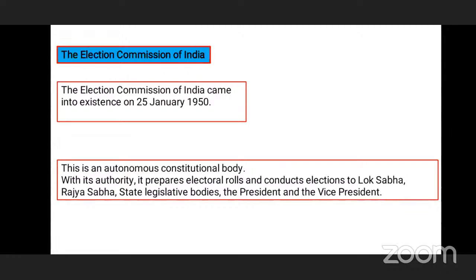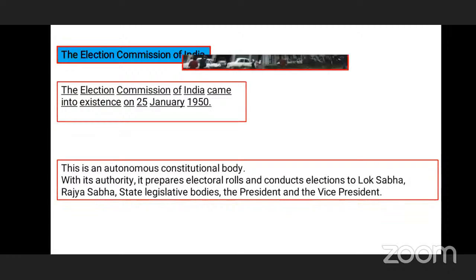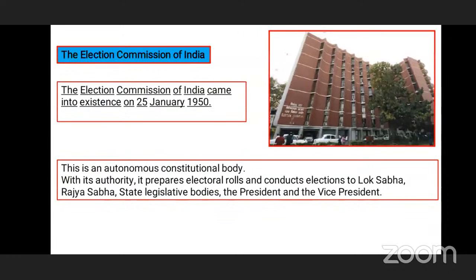With its authority, it prepares electoral rolls and conducts elections to Lok Sabha, Rajya Sabha, state legislative bodies, the president and the vice president. Look at the slide. It is the Election Commission head office, located in Delhi.